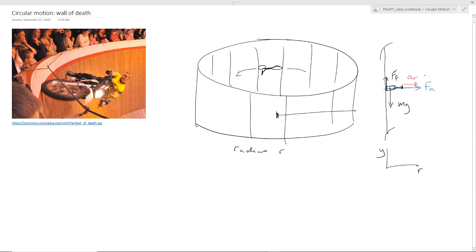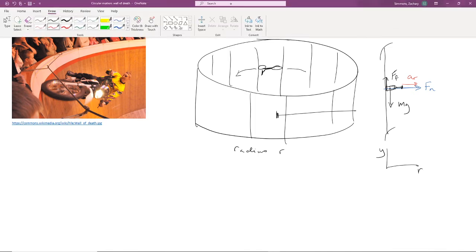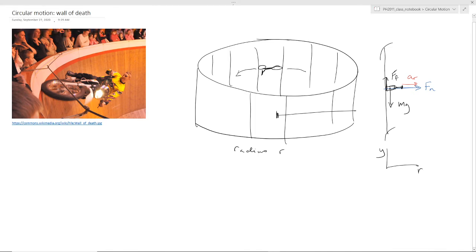And the question that really arises when analyzing this problem is, how fast do you have to go in order for this to work? We can figure this out using what we know.